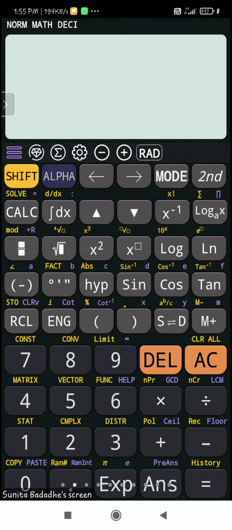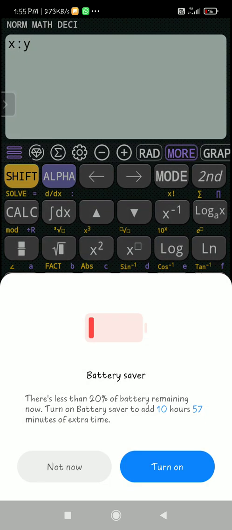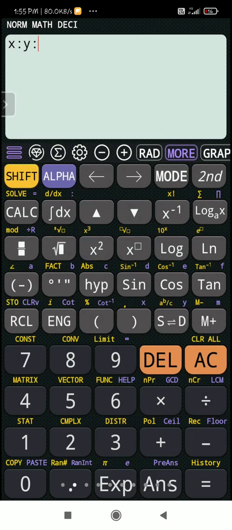You want alphabet X, so press alpha and X. Then press alpha and colon. Now I have the colon above the integral here. In your calculator, see exactly where the colon symbol is present, but it is with the alpha key only. Then again I'm pressing alpha and Y, and alpha and colon.